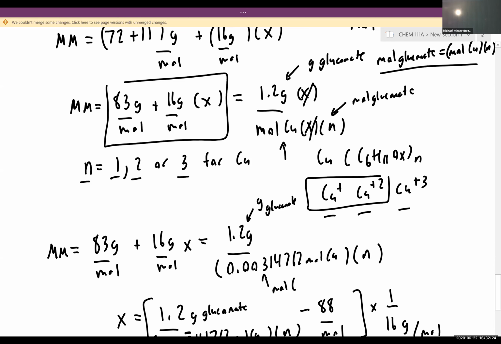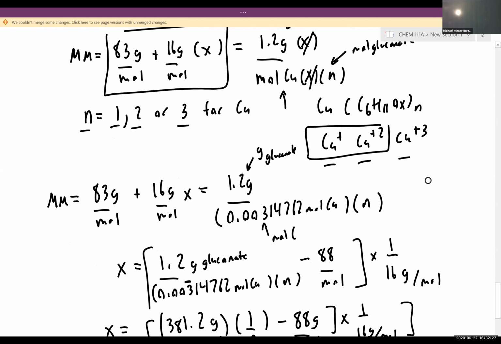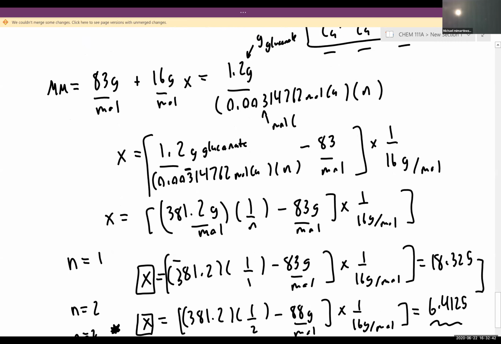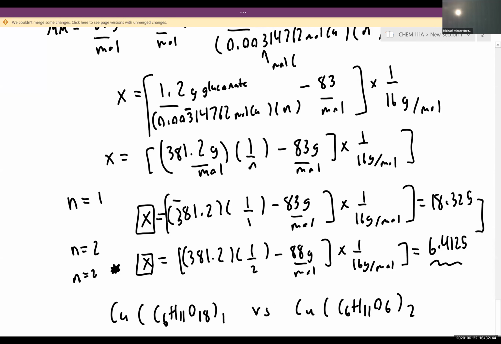And what you're going to do is guess values of N, for N equals 1 and N equals 2. So punching this data into our calculator for N equals 1, let's punch that into our calculator really quickly.